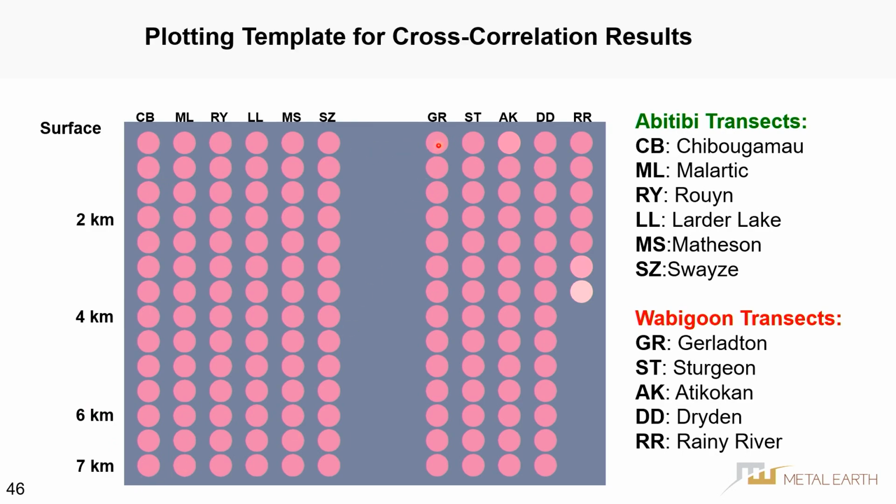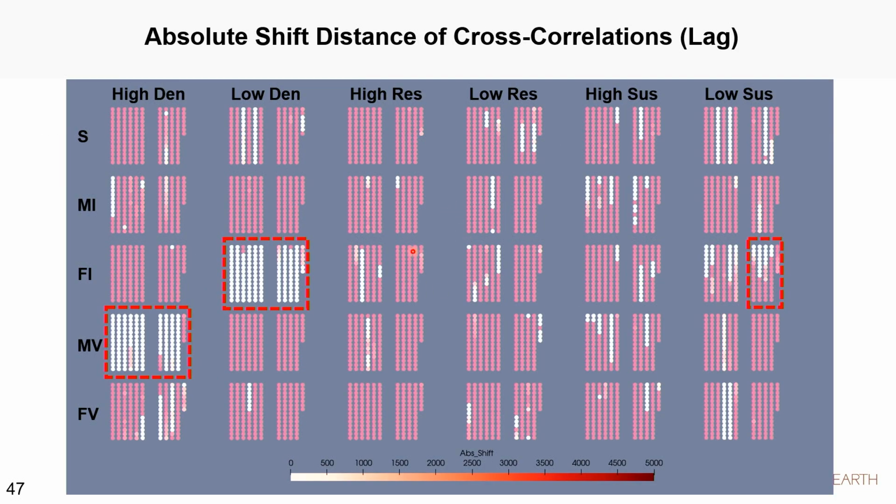And then a little gap, and these 5 columns show what's happening in Wabigoon. So now I'm going to show the high resolution and the correlations that are happening with different ones in one location. This plot shows high density, and remember these 6 lines are the Abitibi, and the 5 and this little Rainy River, where we don't have a whole depth, so a smaller one.